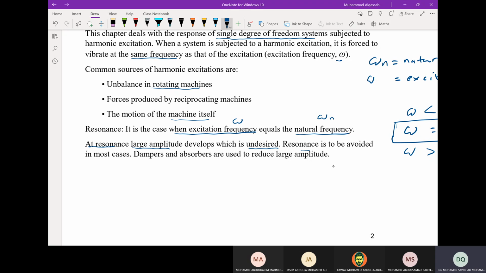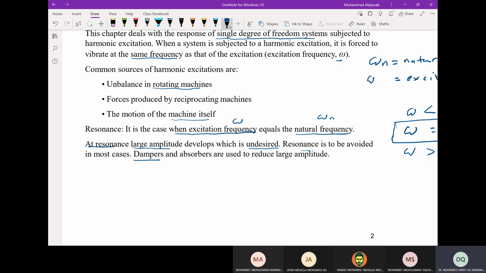If there is no escape, that means the system has to operate at resonance, then you should have absorbers like viscous dampers, as we did in chapter 2. In free vibration, it absorbs energy in the system and reduces the amplitude with time.